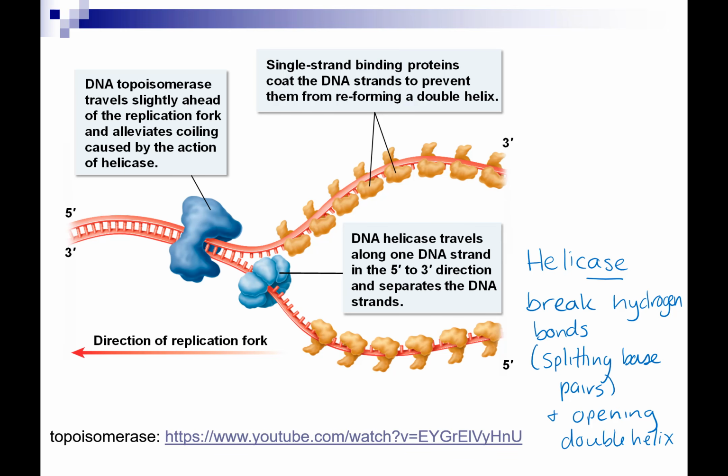Now, the double helix is very stable in this base paired structure. So what has to come on is proteins we call SSB, single-stranded binding proteins. And they're going to coat or bind to the open DNA, the single strands, so that they can't base pair back together.